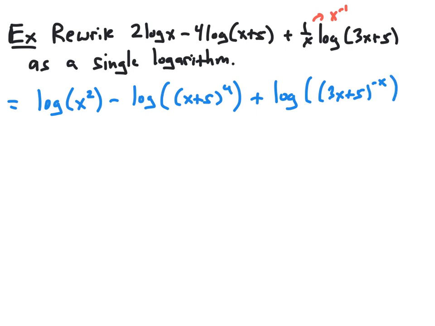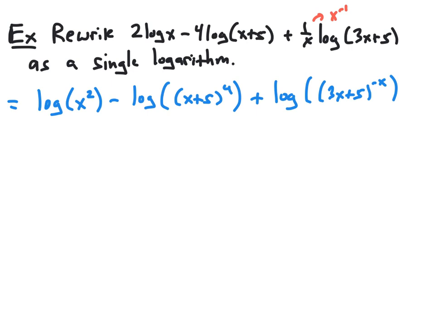Now this would be hard to compute. We do have an x in the base of this expression as well as an x in the exponent, but this is what we're taking the log of in this particular case. So the power rule, or even the product and quotient rule, doesn't just apply for numbers, but works for any kind of expression of the variable as well.